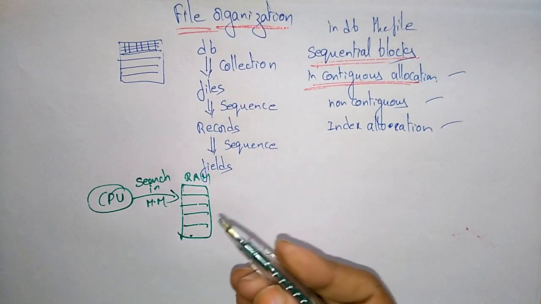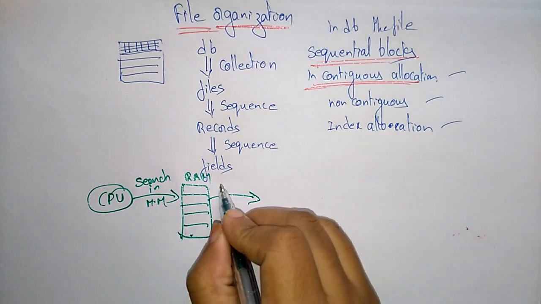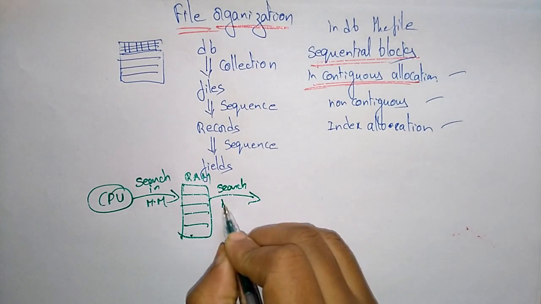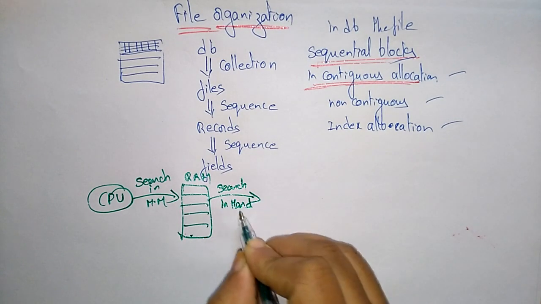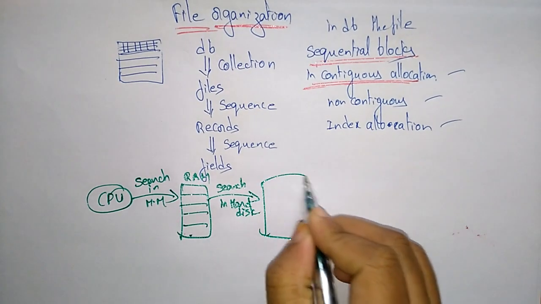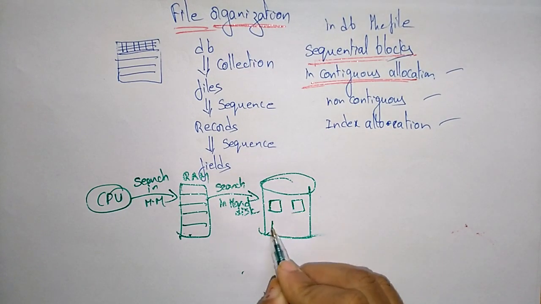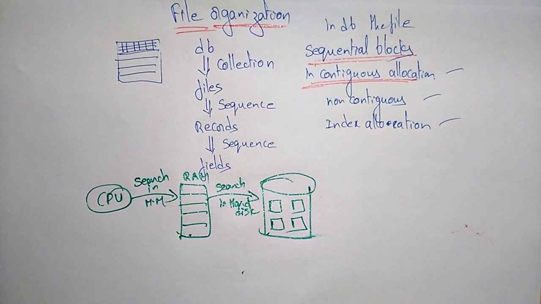If the data is not found in main memory, it goes and searches in the hard disk. The hard disk consists of a sequence of blocks. Different blocks will be there.